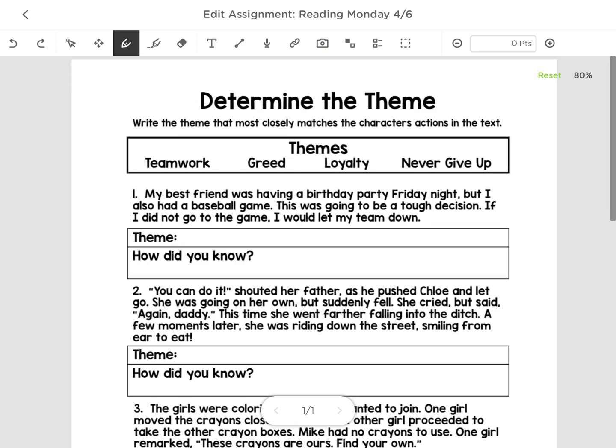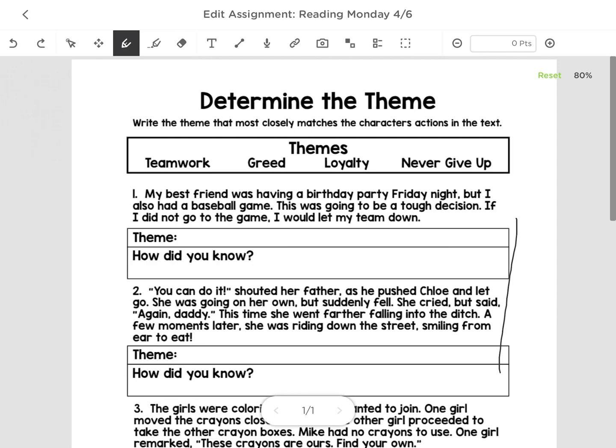So you will read the first one, you'll read the story, and then you'll look up in that box there. There's 4 different themes to choose from. Each one is used 1 time. So you will type in the theme box which word you think, or words, lines up with the theme, and then give some evidence on how you know that. What part of the story told you that? Please use the typing tool when you do this so that we can read your answers clearly.